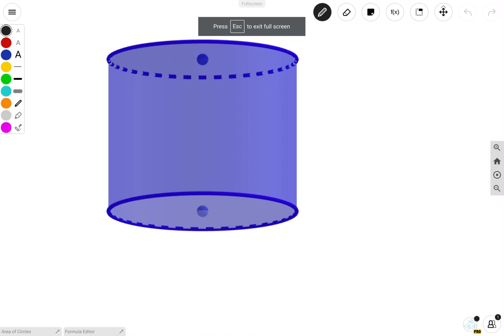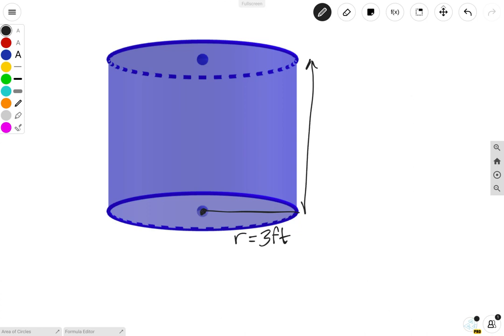All right, so here's that cylinder. Let's set some numbers. Let's say we've got a radius of 3 feet. And then let's say we have a height of this cylinder at 6 feet.